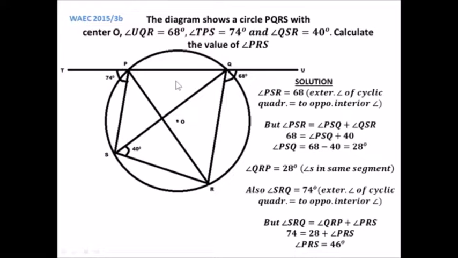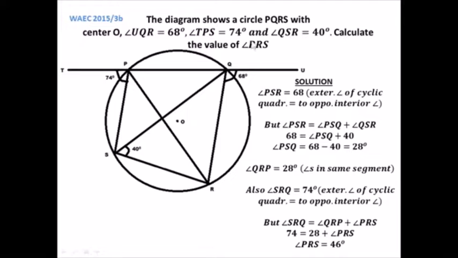Now, if you look at the question on the screen right now, the diagram shows a circle PQRS, with center O, and angle UQR is 68 degrees, this angle that is here, and angle TPS is 74 degrees, and angle QSR, this angle, is 40 degrees.